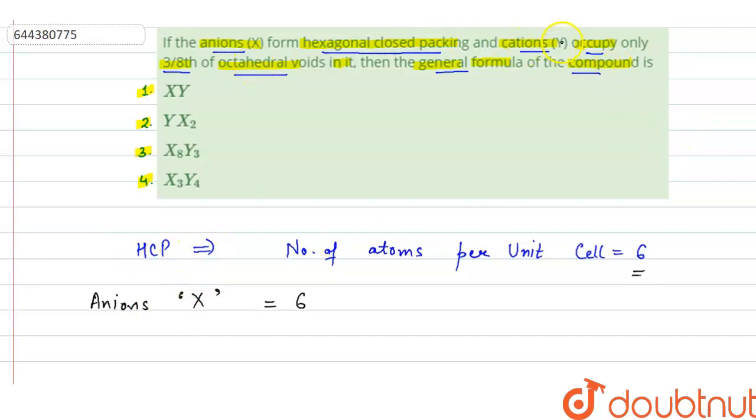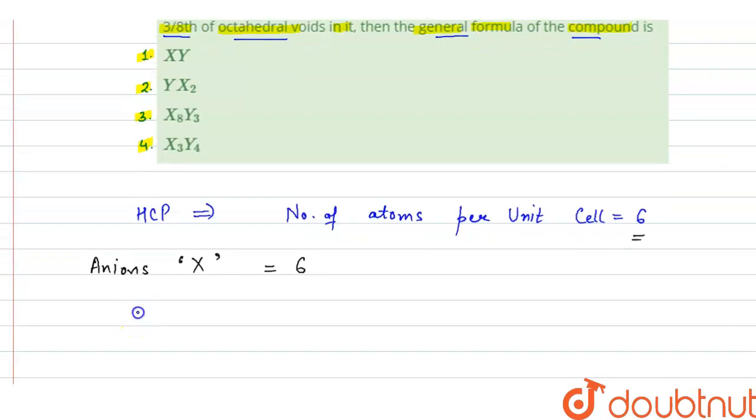Now it is given that cations Y occupy the 3/8 of octahedral voids. Now we know that in a given unit cell, the number of tetrahedral voids is twice the number of particles per unit cell.